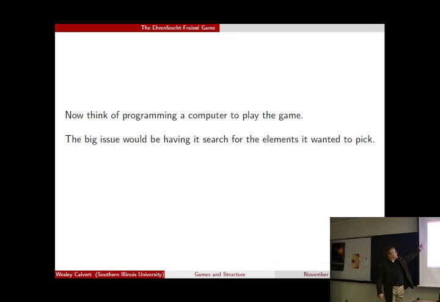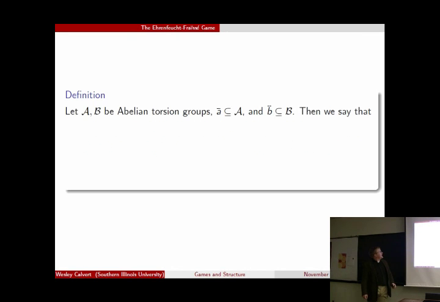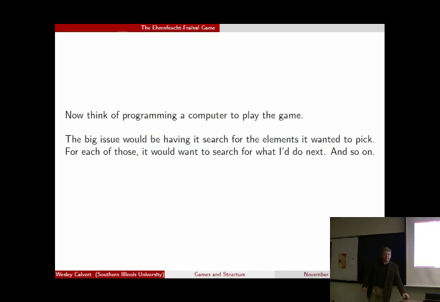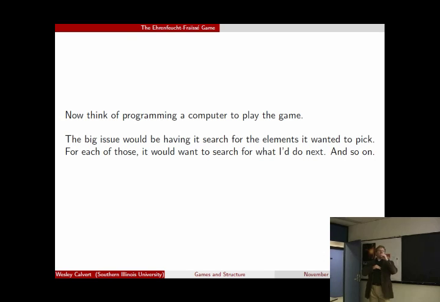So when you program this thing, there's a question. For each step of depth that you want it to be able to search in this game, it needs to be able to do an unbounded search. It needs to be able to solve the halting problem once. It needs a jump.